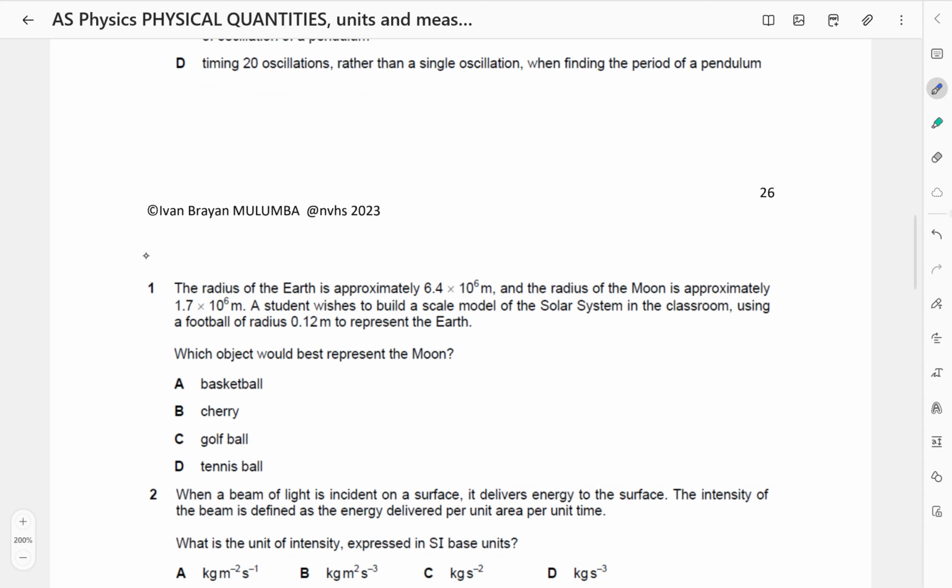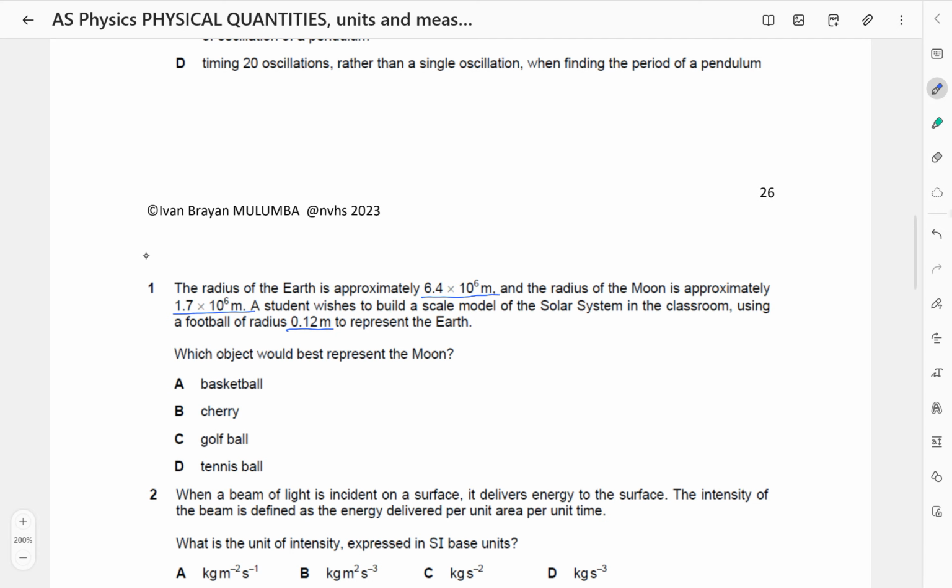The radius of the Earth is approximately 6.4 times 10 power 6 meters. And the radius of the Moon is approximately 1.7 times 10 power 6 meters. A student wishes to build a scale model of the solar system in the classroom, using a football of radius 0.1 meter to represent the Earth.